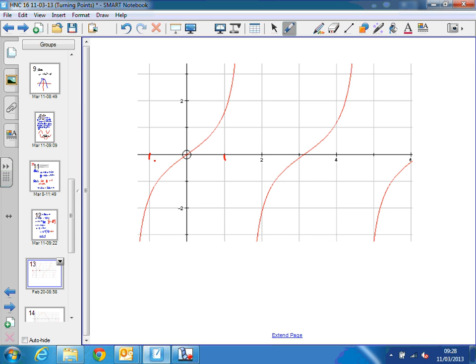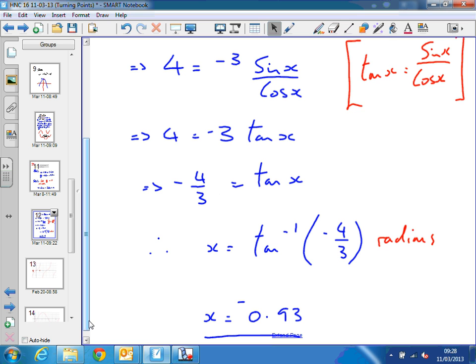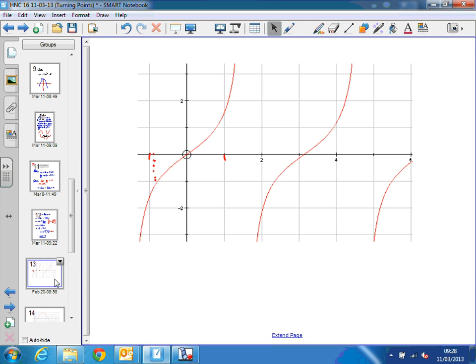So negative 0.93 is going to be about here somewhere, which corresponds to the value we had of minus 4/3 as the tangent. So in other words, instead of finding on the calculator the inverse tan of negative 4/3, we could have looked at this curve, gone to negative 1⅓, and looked for it on the function, which would have been around about here somewhere. In other words, the same place, okay?